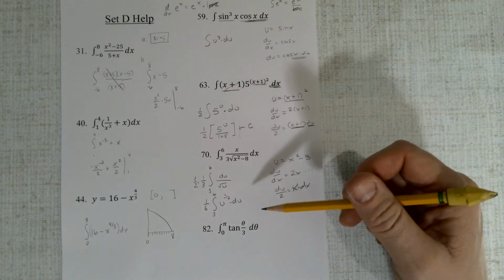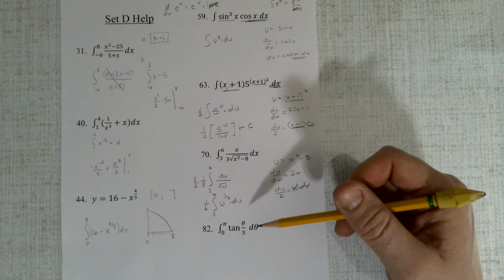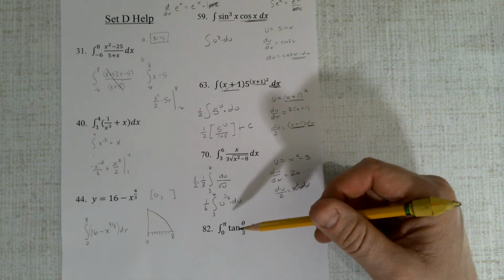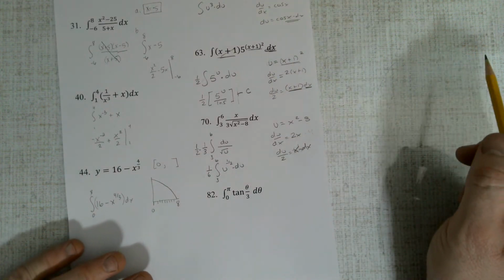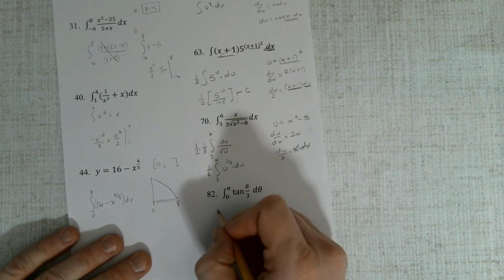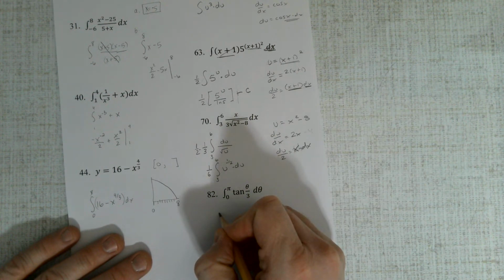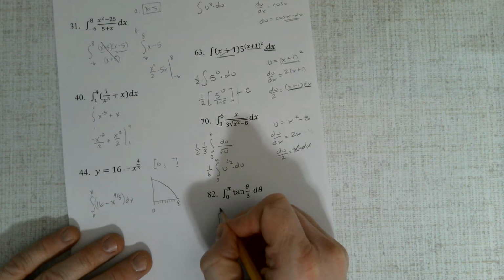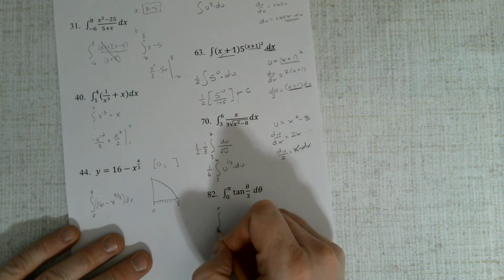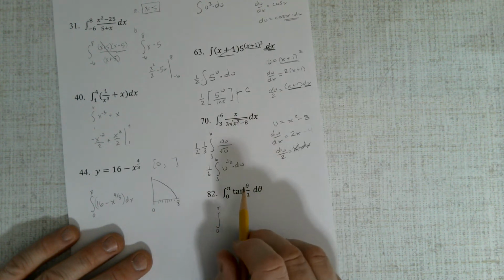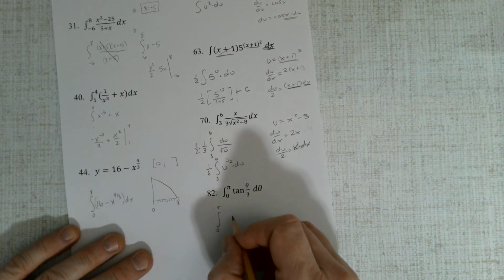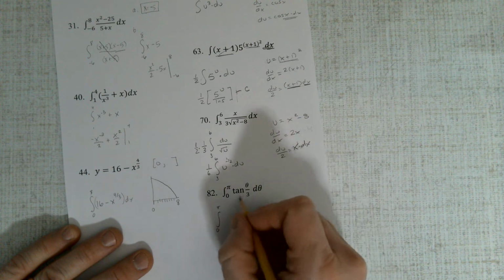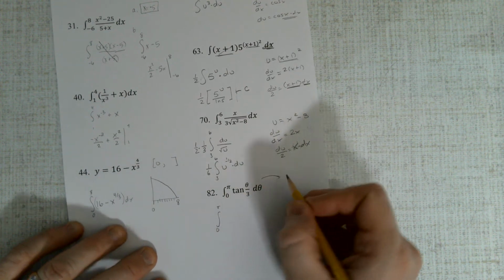All right, and a question on 80. This integral right here is not one that we really worked on, but it's on the sheet, and you'll have that sheet for your test, and you can just leave this alone. The integral right here is simply, well, let's take it one step first.